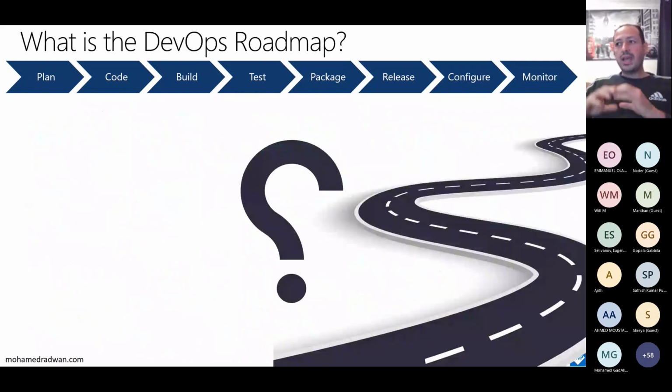So if I start looking at what is the roadmap for DevOps, how can I go about building my DevOps skills based on what I explained as T-shaped skills.